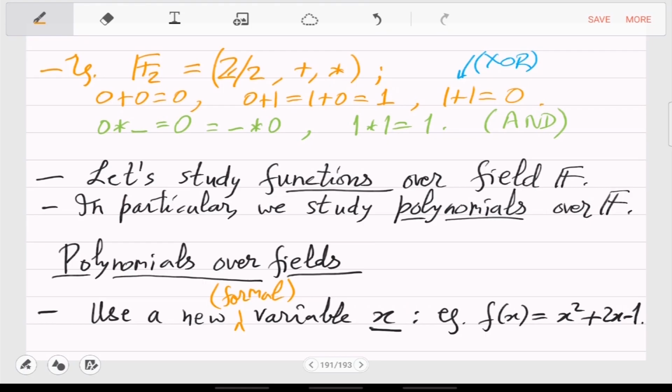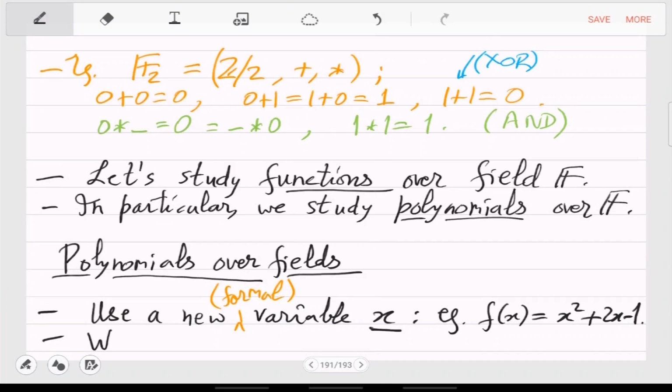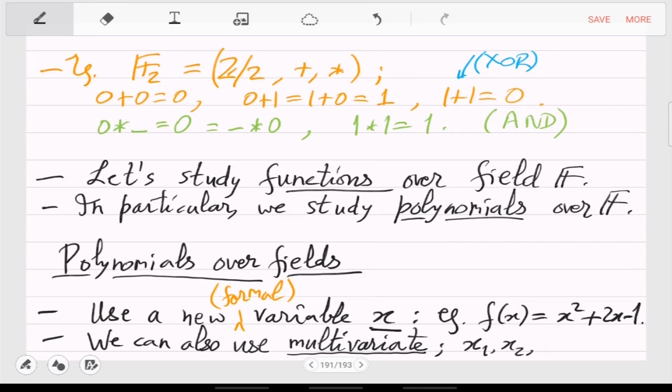So that's the polynomial you are used to. And we can also use many variables. Then you get multivariate polynomials. So you can use x1, x2, up to xn, finitely many variables, which is what happens in a C program.